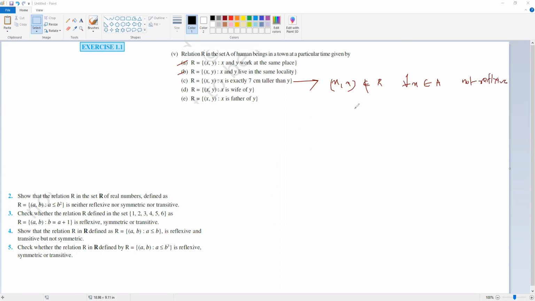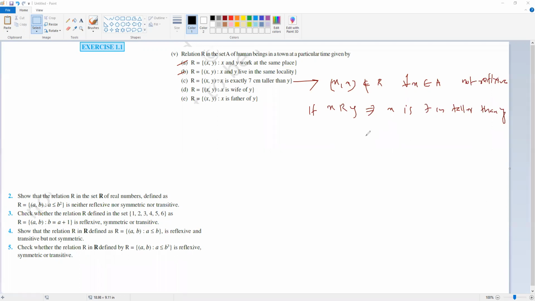Symmetric है क्या? x related to y, इसका मतलब है x's height is y's height से 7 ज्यादा, isn't it? और x is 7 centimeter taller than y.